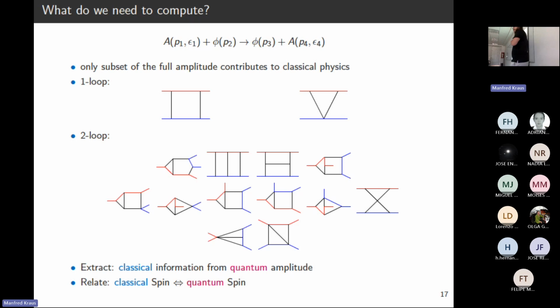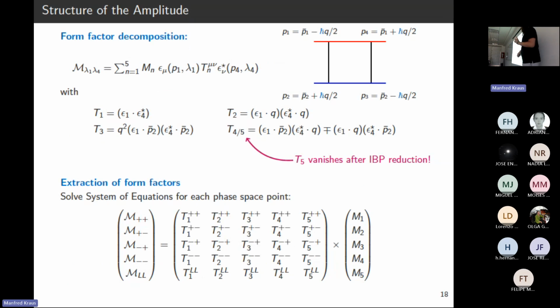If you try to do this in a textbook approach, then each of these diagrams will be 1 gigabyte just of expressions. So there's no way you can do this by hand, but there's also no way you can really put this on a computer in a systematic way. So you have to be a bit clever about how to actually compute those contributions.